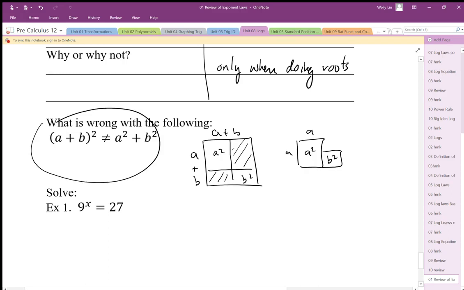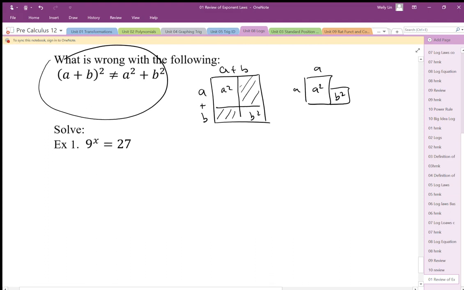The last part we're going to look at is solving this. Now, how do I go about solving something like this? Well, I could kind of guess at it, but if I recognize that I can express both of these as a base 3 number, I can make the argument that if the bases are the same and the numbers are the same, the exponents are the same, and I can make this equality.